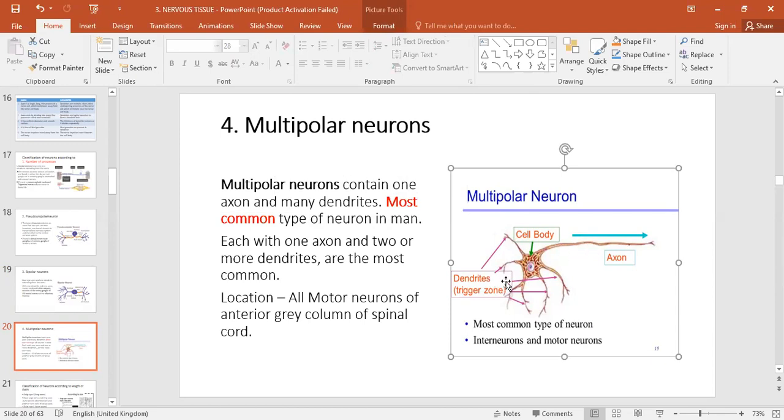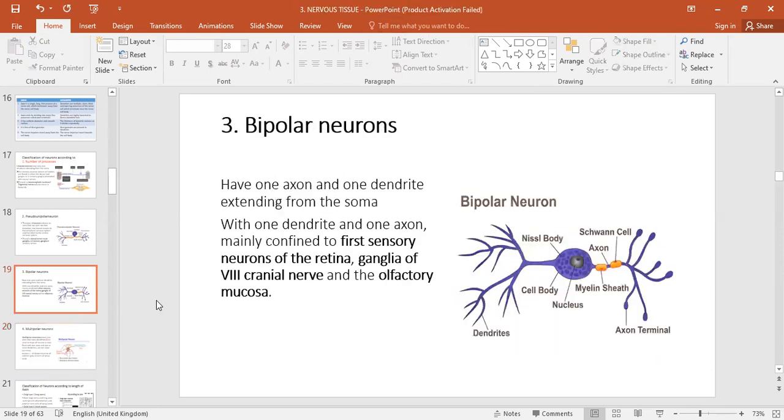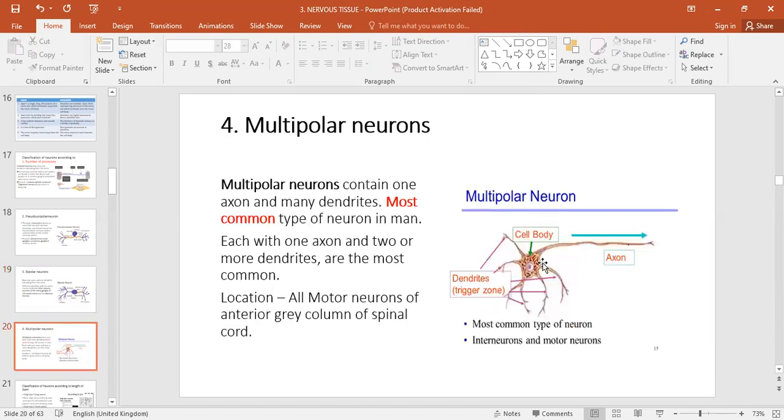Then on the other end, we have dendrites. Now, these dendrites are originating as independent dendrites. If you compare with the previous one, it's one dendrite, then it splits into so many processes. But on a multipolar neuron, each dendrite has its own origin from the cell body. Therefore, there are so many poles.